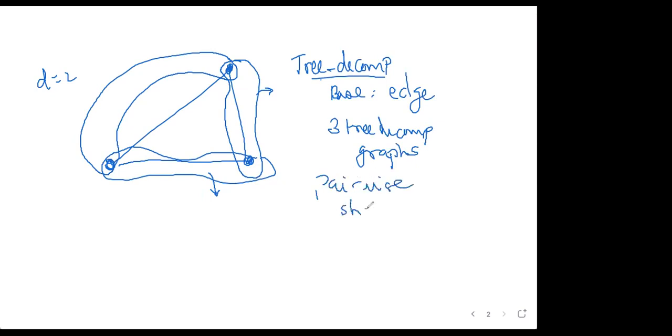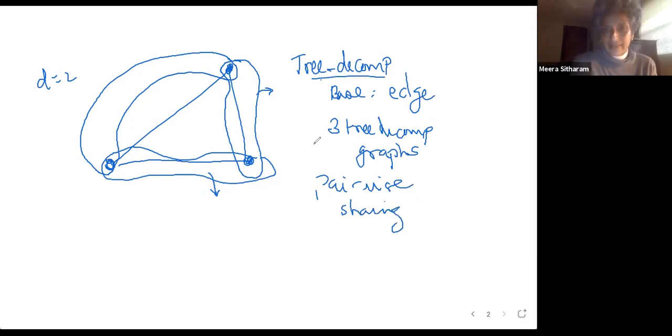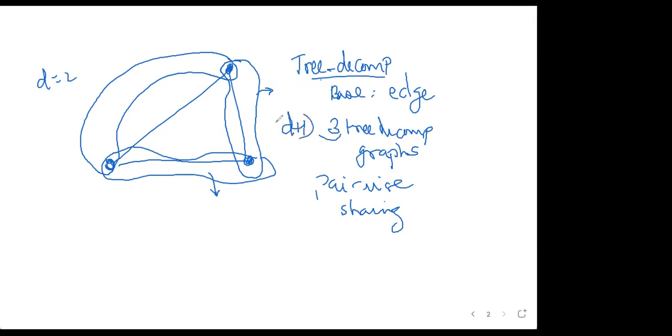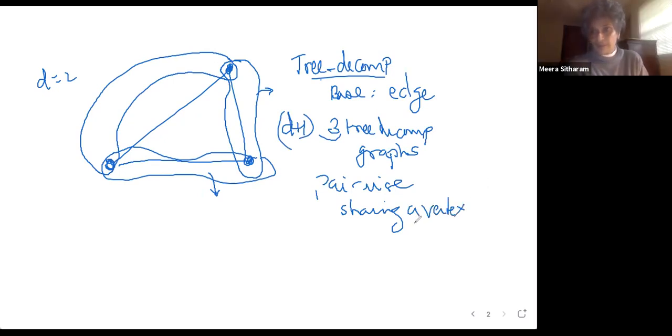Is that 3 for all d, or is that d plus 1? Yes, so this would be d plus 1 in general. Okay, thank you. Okay, sharing a vertex. So this is called a tree decomposable graph in general for any dimension.